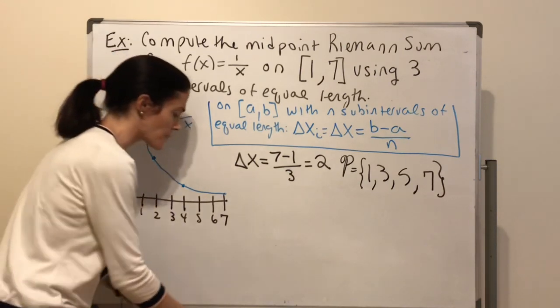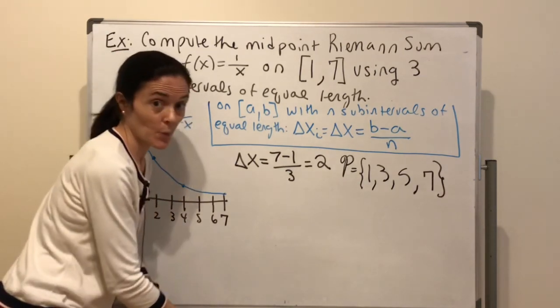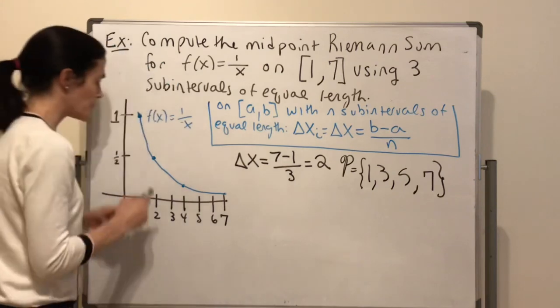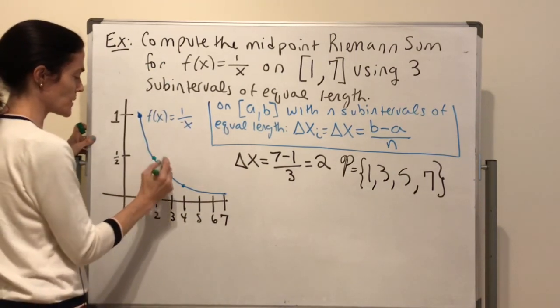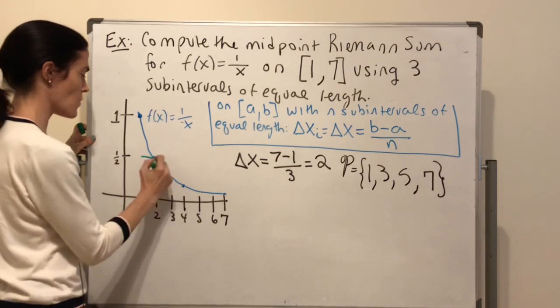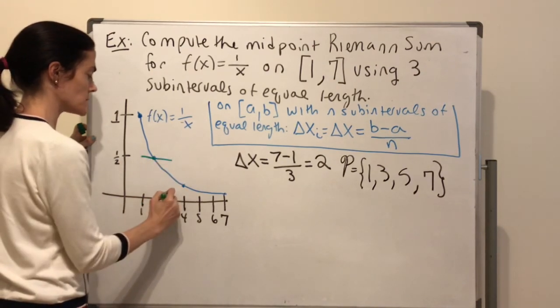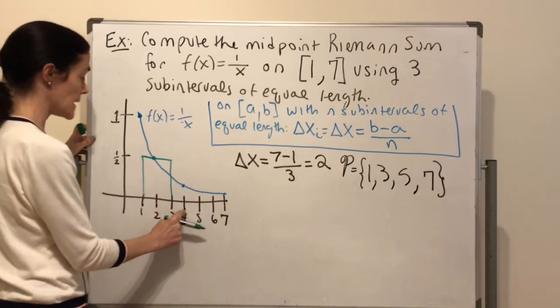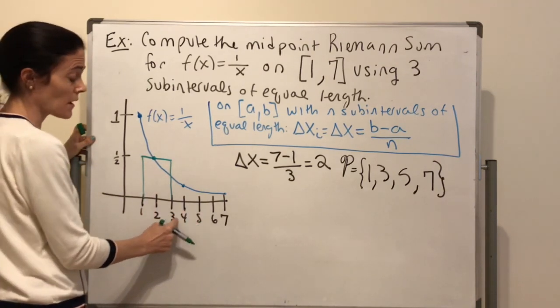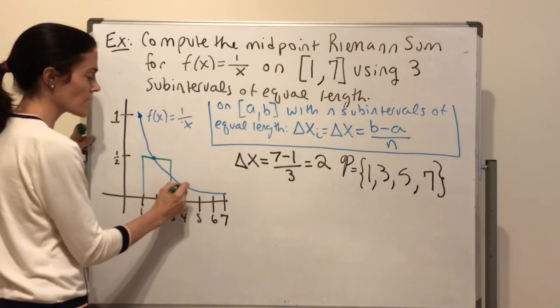And let's draw the rectangle. So we want midpoint, right? The midpoint between 1 and 3 is here at 2. The function value is 1/2. And so here is the rectangle. And then here, the midpoint between 3 and 5 is 4. Here is the height.